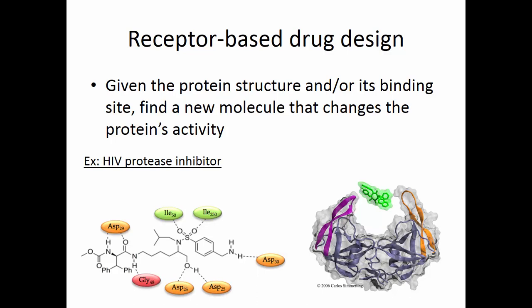So receptor-based drug design is essentially, given the protein structure and/or its binding site, find a new molecule that changes the protein's activity. What does the binding site look like? Can we stick something in there that's going to interact with key amino acid residues? To do something like this takes a lot of information.